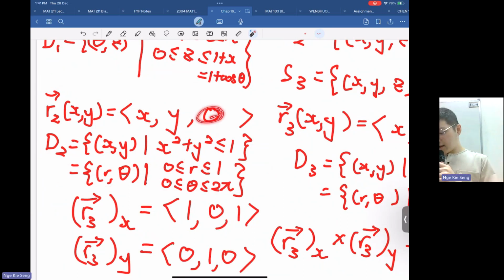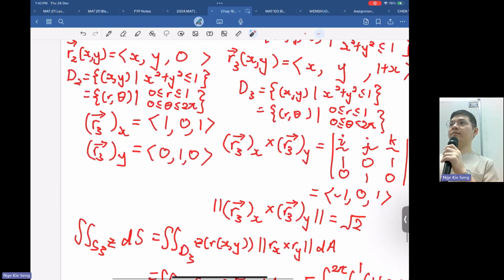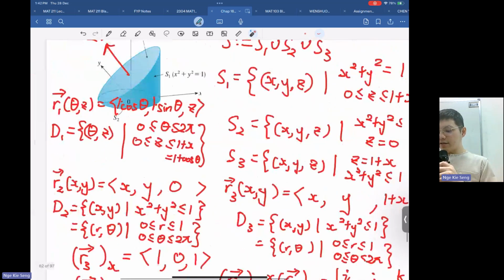Because z is 0, and the function you integrate is z. So you integrate the 0 function, which gives 0. So the only thing you need to compute is R1 now. Please compute it, and then you can check my answer later. Has anyone computed R1 yet? Not yet. Okay, let's go on.